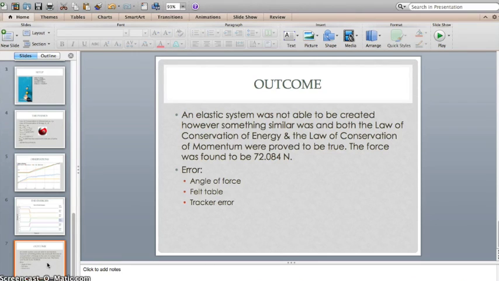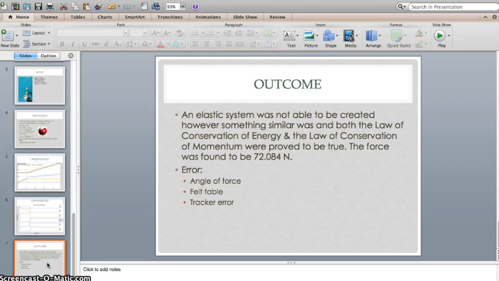My possible reasons for error included the angle of the force originally being applied to the billiard ball. If the force was applied downward or at an angle as opposed to straight forward, that could have caused an issue that I did not originally consider.